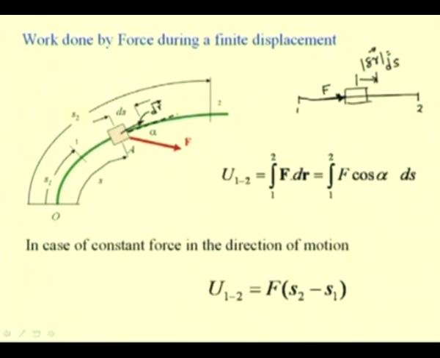So, we can now integrate it and it will be nothing but F times (s2 minus s1), where the coordinates are defined from an origin.